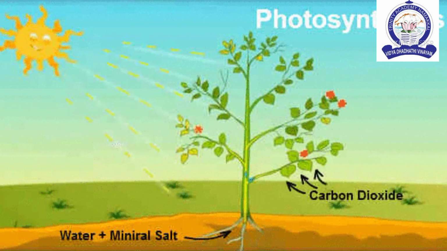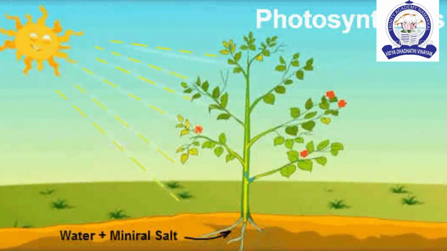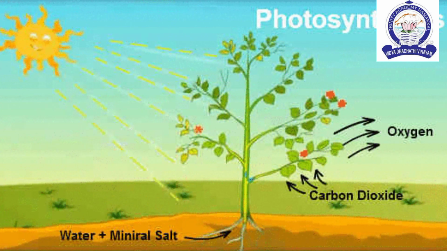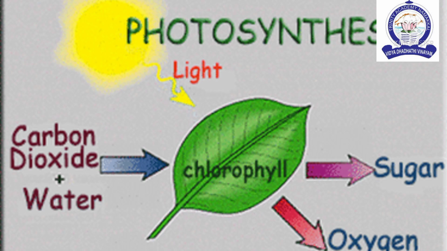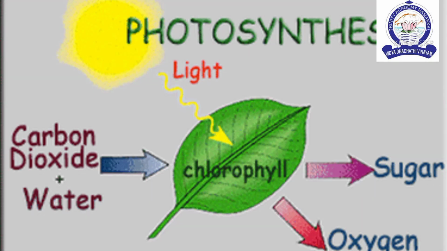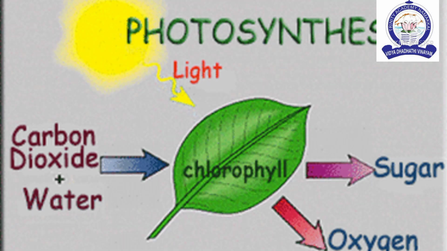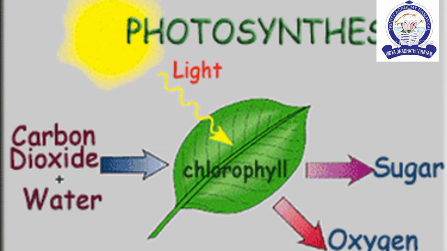In the presence of sunlight, the green leaves change air and water into food in the form of sugar. Sunlight provides energy to these leaves for preparing food. Hence, water, carbon dioxide, chlorophyll and sunlight are needed by leaves to prepare food.